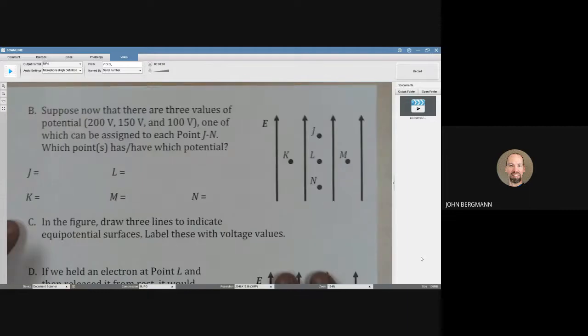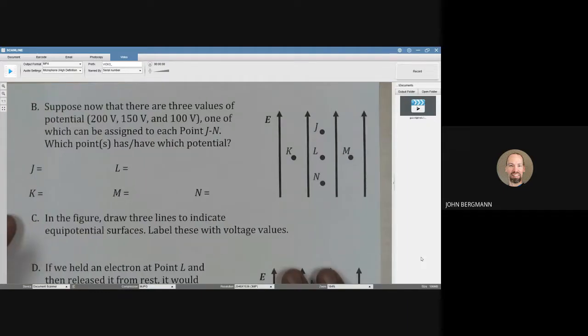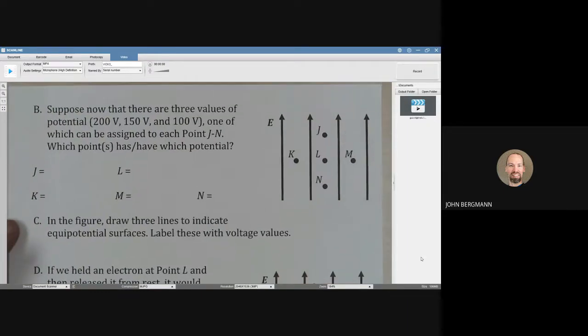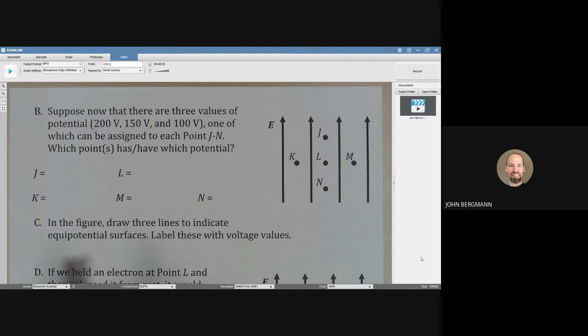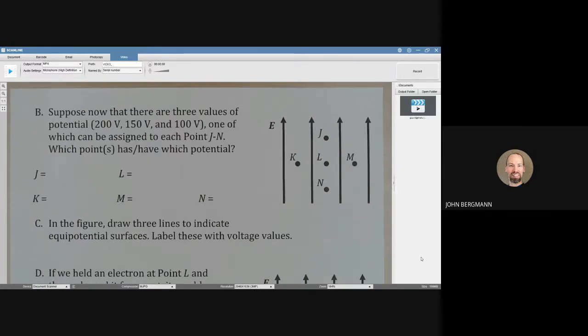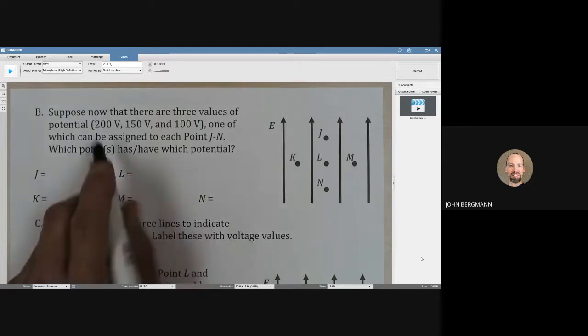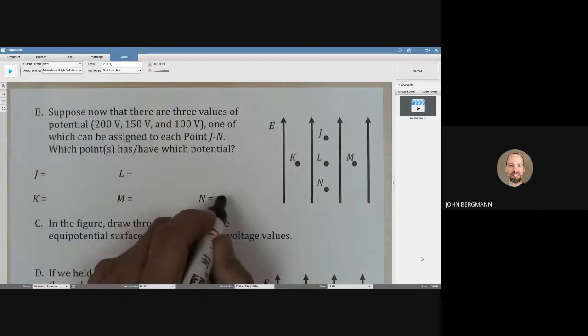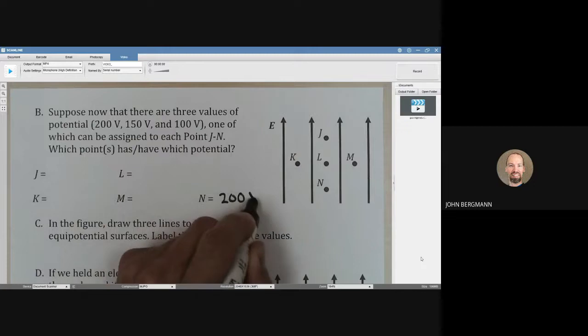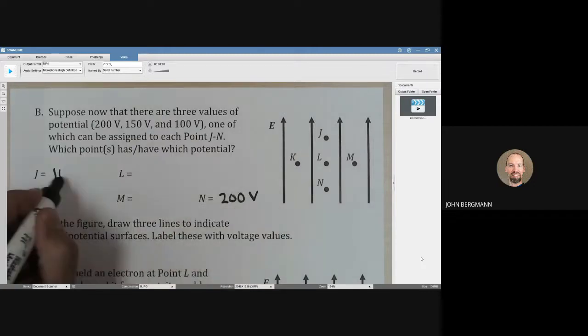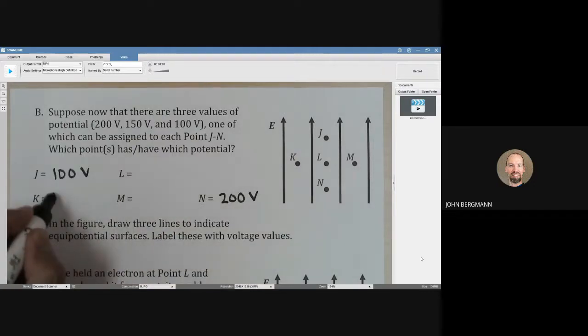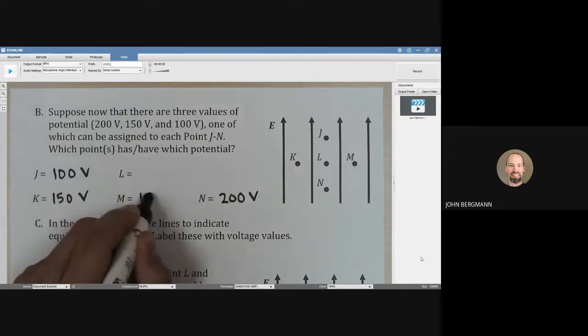Let's take the same picture and suppose that there are 3 values of potential that can be assigned to these points. Which points have which potential? We said that N has the highest potential. So if those are the 3 values, N is at 200 volts, J is at 100 volts, and the other 3 are all at 150.